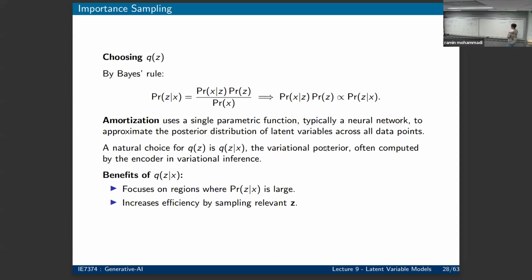For now, let's just assume this normalization factor doesn't exist, so this is almost equal to that.